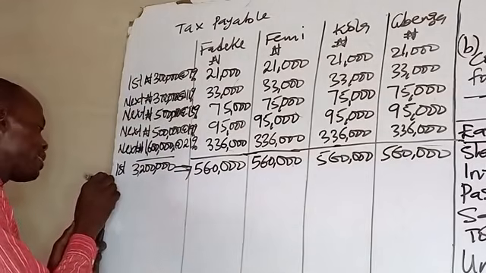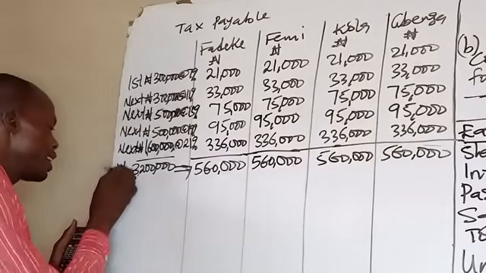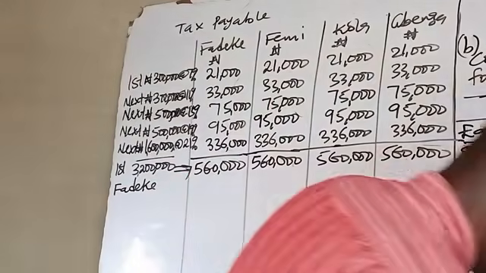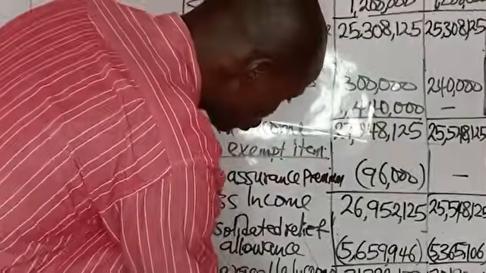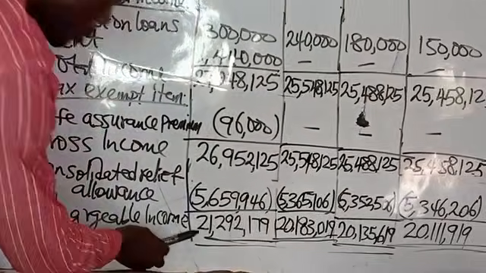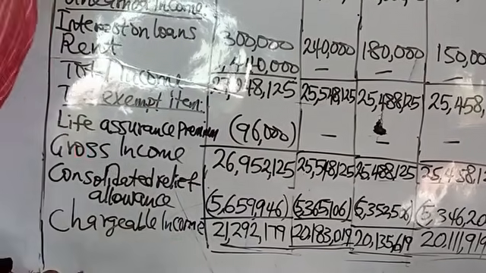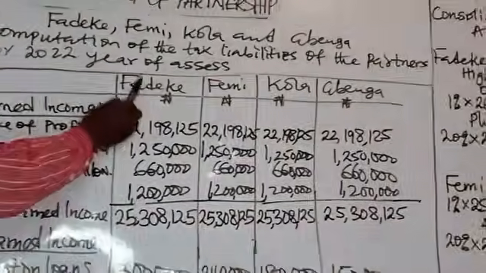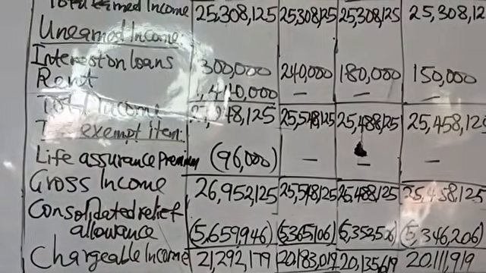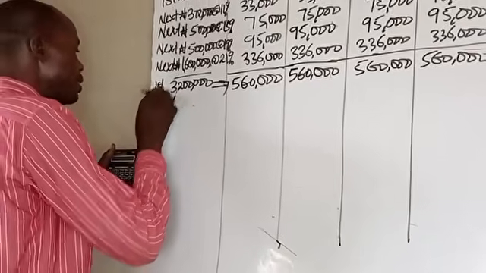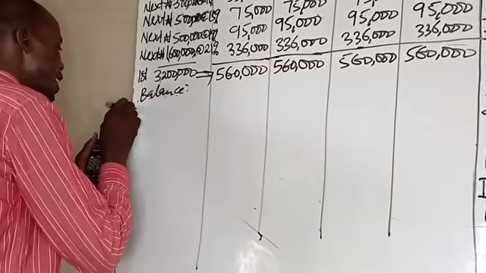Then for Fadeke now, the chargeable income of Fadeke is 21,292,179. Then the balance now. We want to tax the balance for Fadeke now.